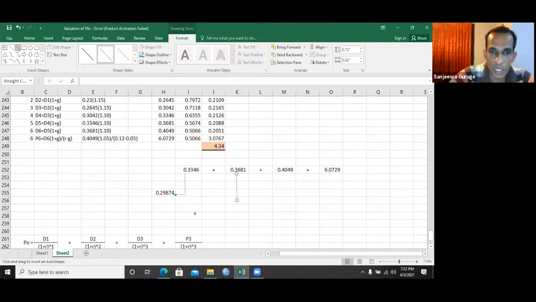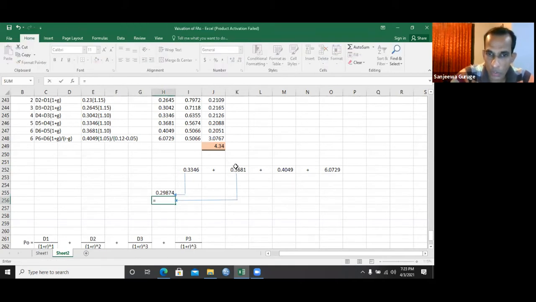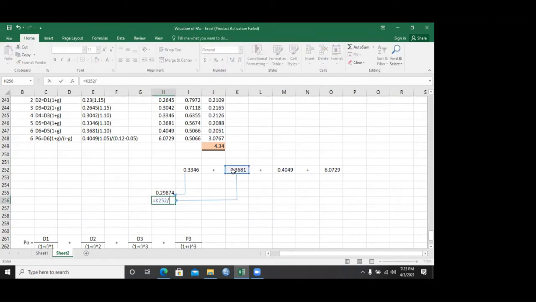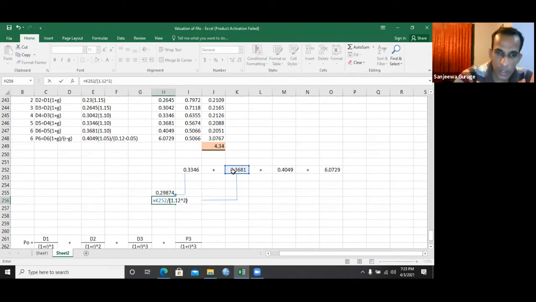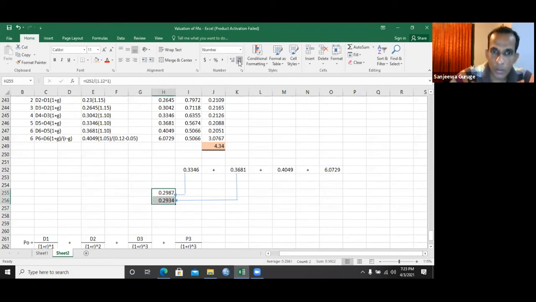When you discount this for 2 years, what is the value? It is 0.2934.